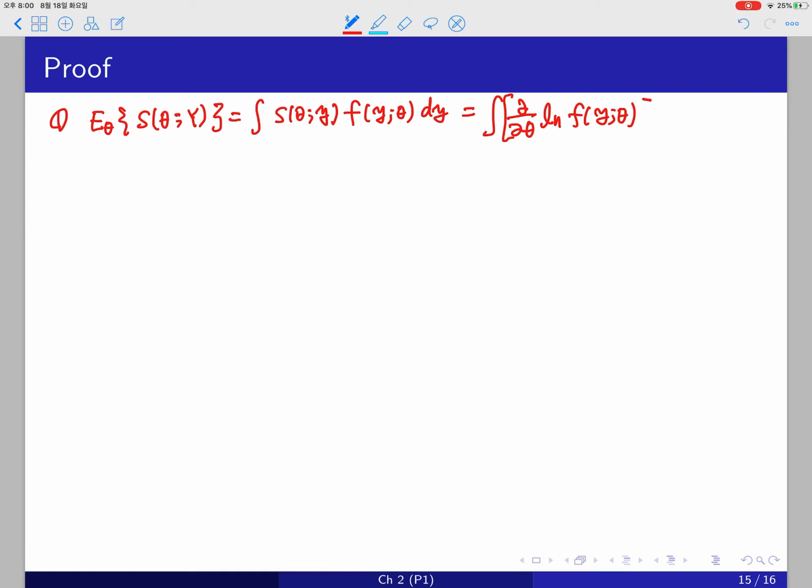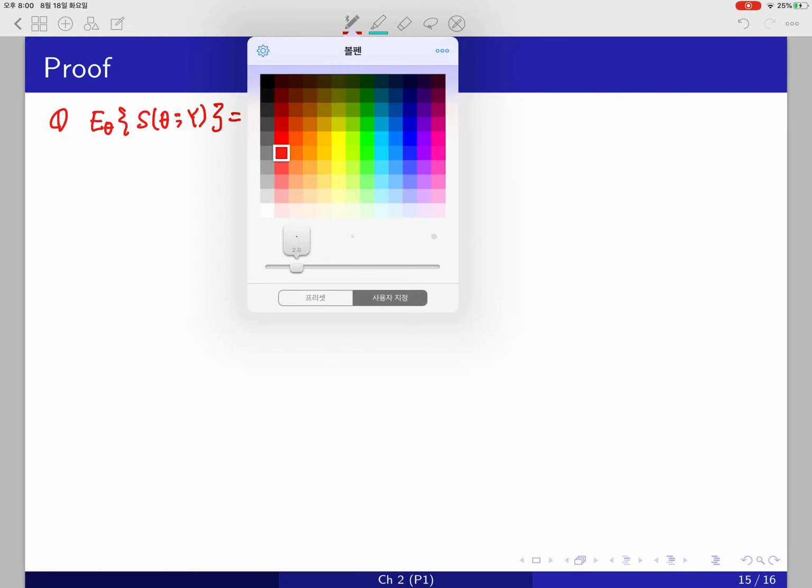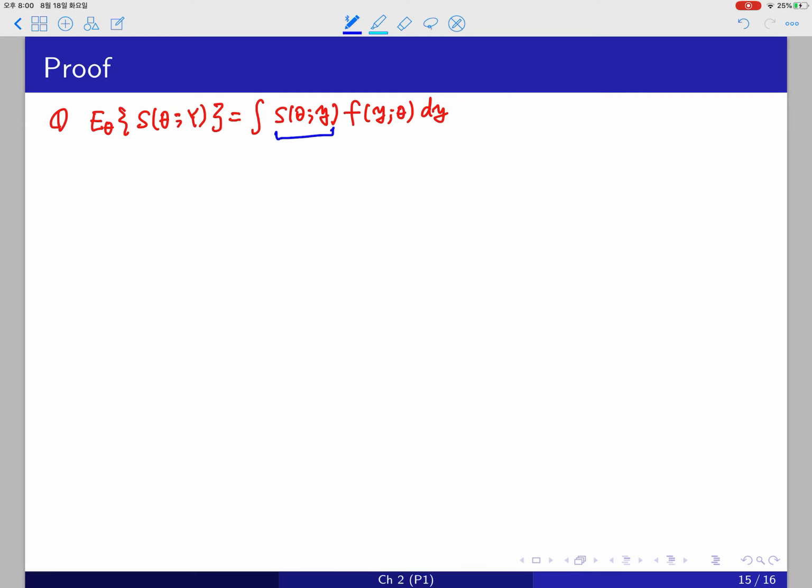So if you apply the partial derivative directly, then this is this, right?